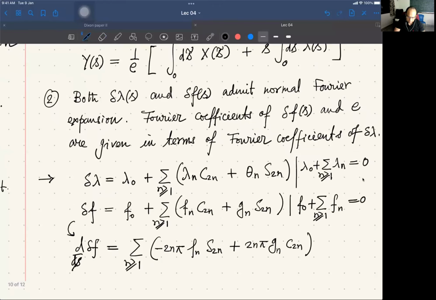Then you have to show that f dot is equal to 1 over e lambda n.